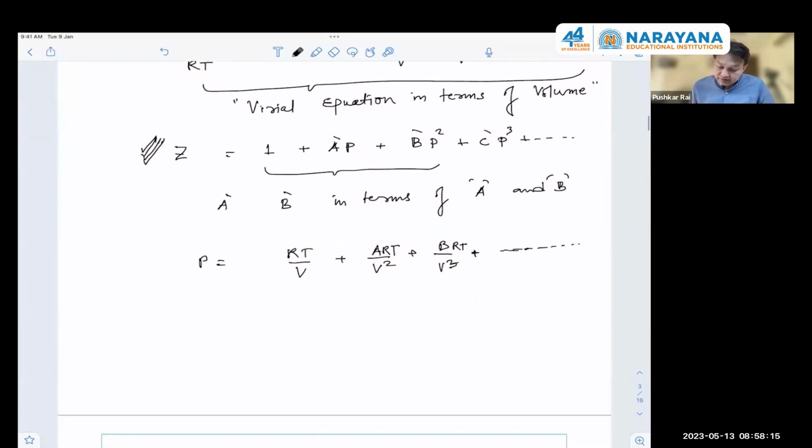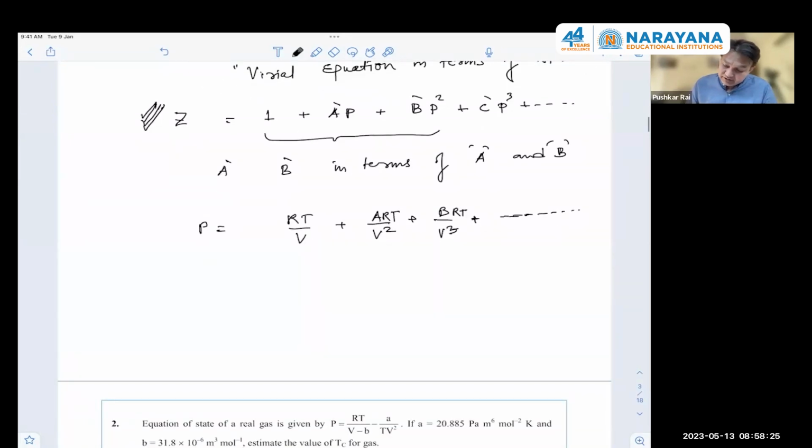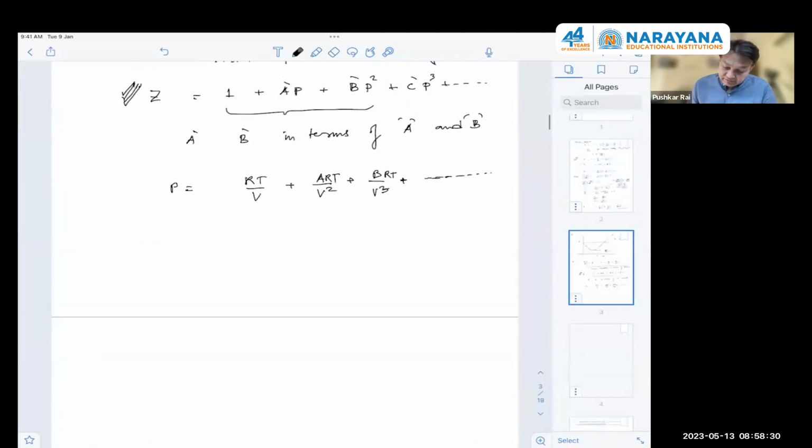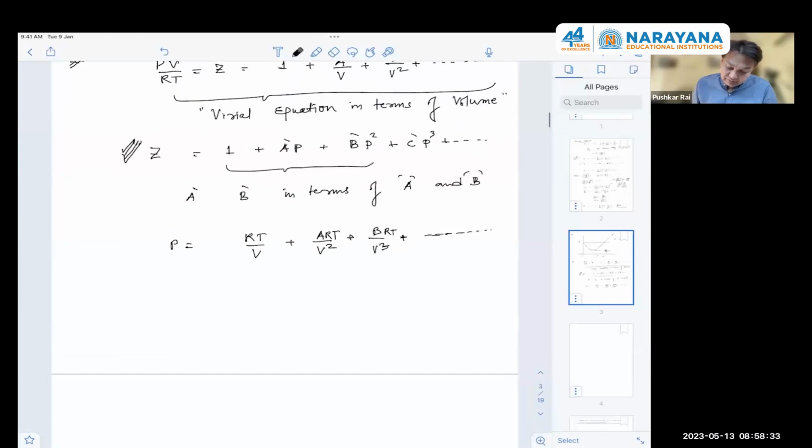We can think about it that this is the expression of P here. And then if we substitute this into this equation, Z will become Z is equal to 1 plus A dash times RT by V plus A RT by V square, plus B dash.